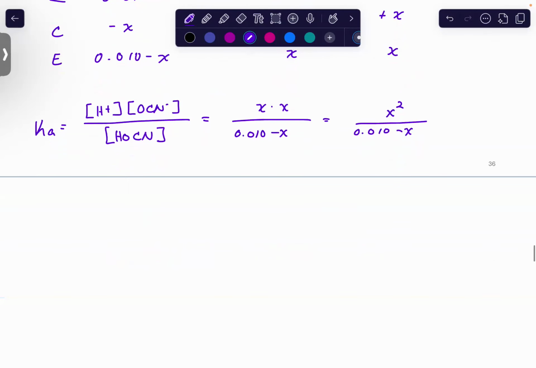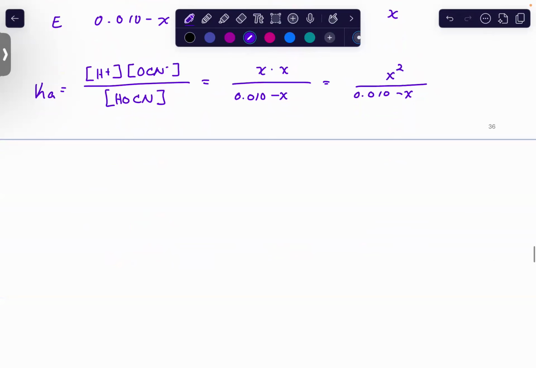So we have that. Now I need to figure out what X is. Because remember, this is 17% dissociated. So that's 0.17 equals our change over our initial value.